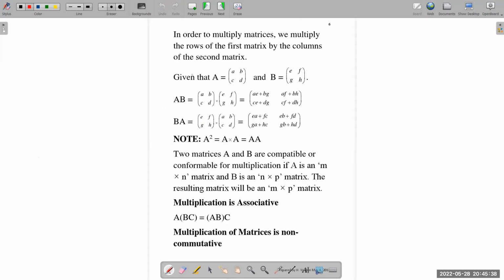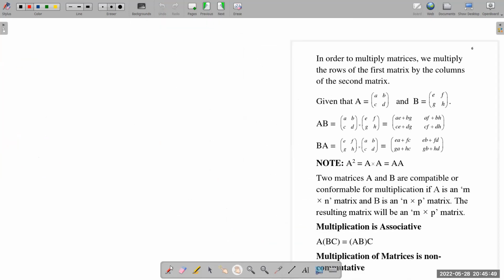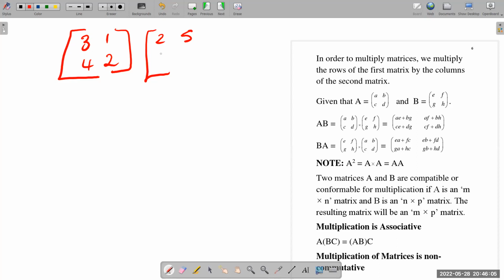All right, next one. When we look at anything when it comes to multiplying, we should know how to multiply, right? And just to be certain that we understand, if I have a matrix, let's say 3, 1, 4, 2 times, let's say 2, 5, 6, 1.